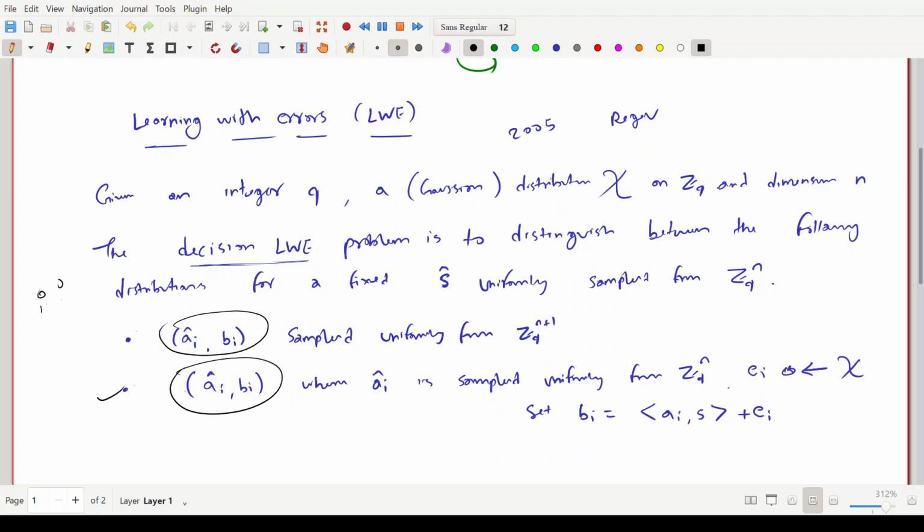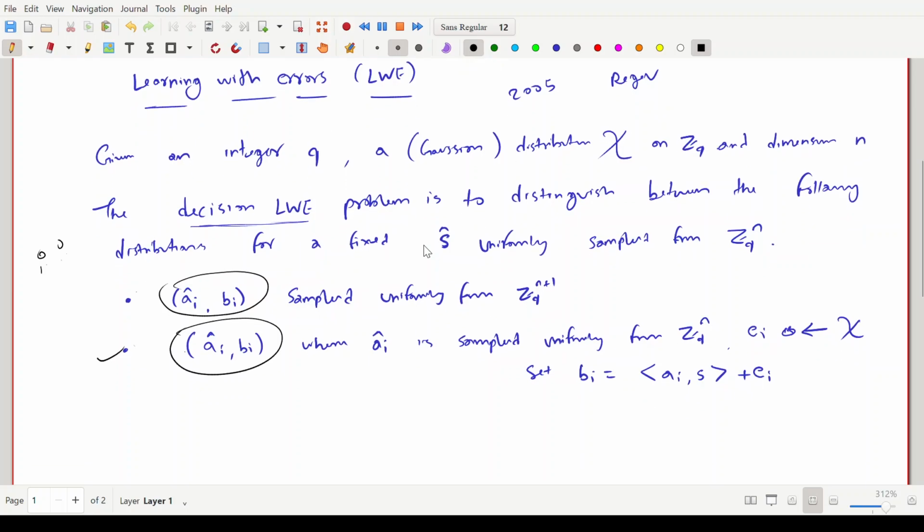And one more variant is the search variant. In that search variant, are you able to find the s?